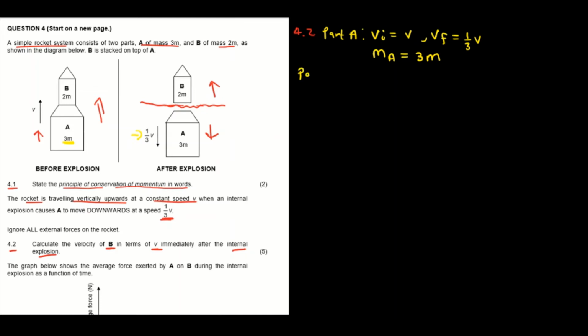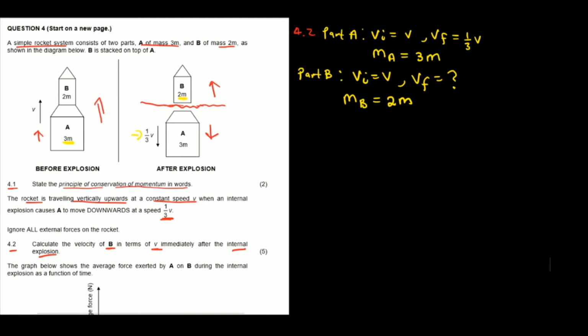Then for part B, the initial velocity is also v. The v final we don't know, which is what we want to calculate, but the mass of B is given as 2m. So we are asked to calculate the v final of part B.